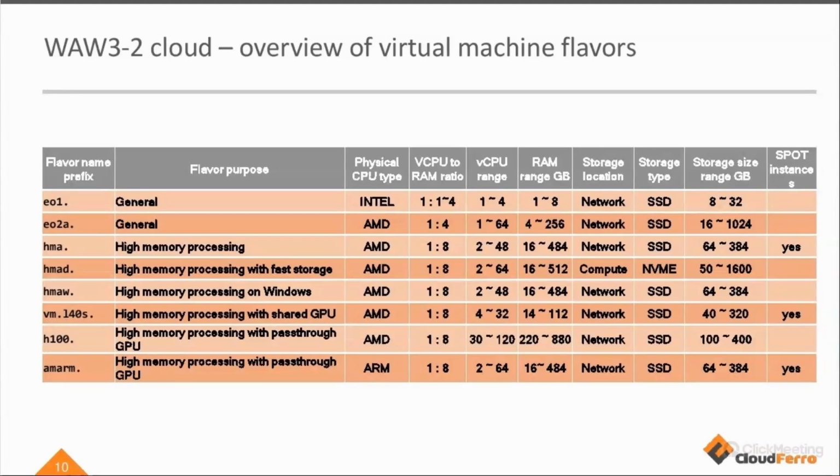And you can see that, for example, on the WAW3-2 cloud, we provide general purpose flavors, Earth observation 1 and 2, based on Intel and AMD processors.